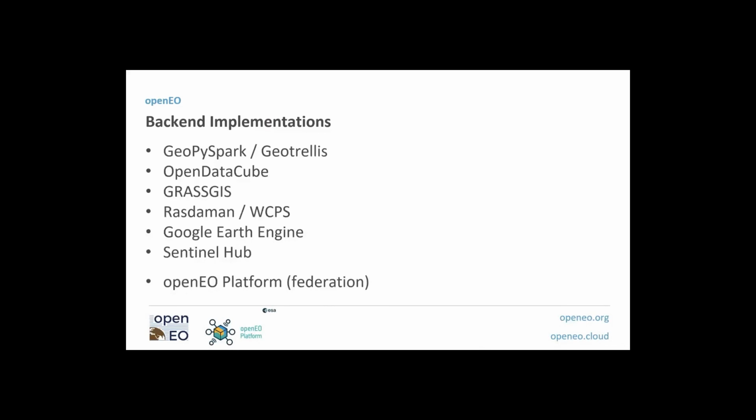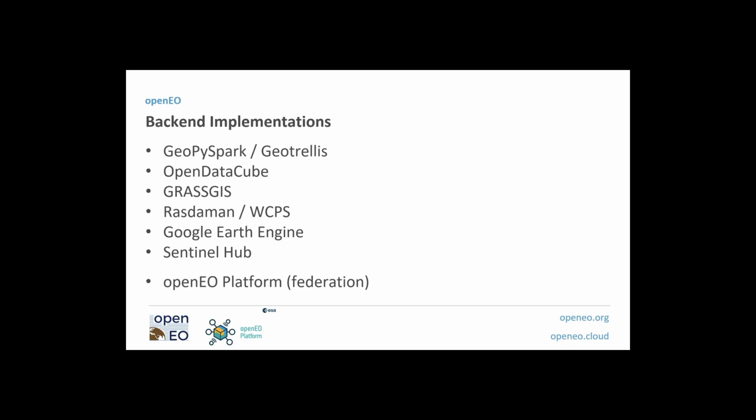There are a couple of backend implementations which are all open source, which you can reuse and set up. For example, for GeoPySpark, GeoTrellis, we have multiple instances running on OpenDataCube, which proxy that interface, or GraphJS, Rasterman, WCPS is also interfaced. And we have prototype implementations also for Google Earth Engine. So you can basically run anything on the Google Earth Engine as well, using our processing environment.